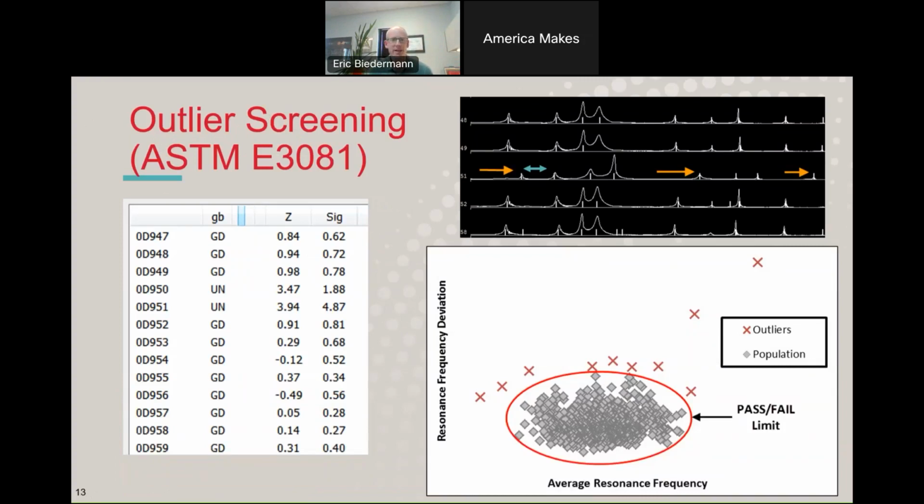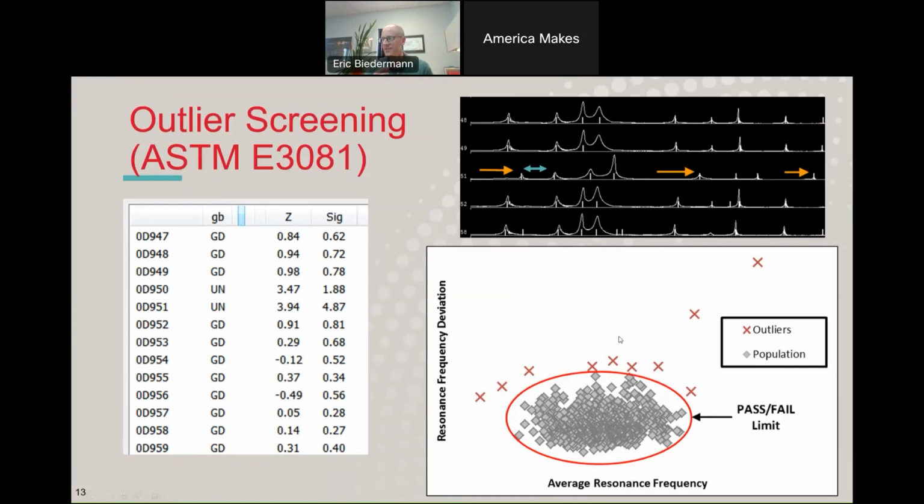So what we do with the outlier screening approach is distill the resonance spectrum information for each part down to 2 statistical metrics. The first is capturing bulk variation in the resonance pattern, and that's indicated by these orange arrows here. You can see that this line, this resonance spectrum, most of these peaks are shifted to the right towards higher frequencies. So that's a bulk material state difference between that component and the other components in the population.